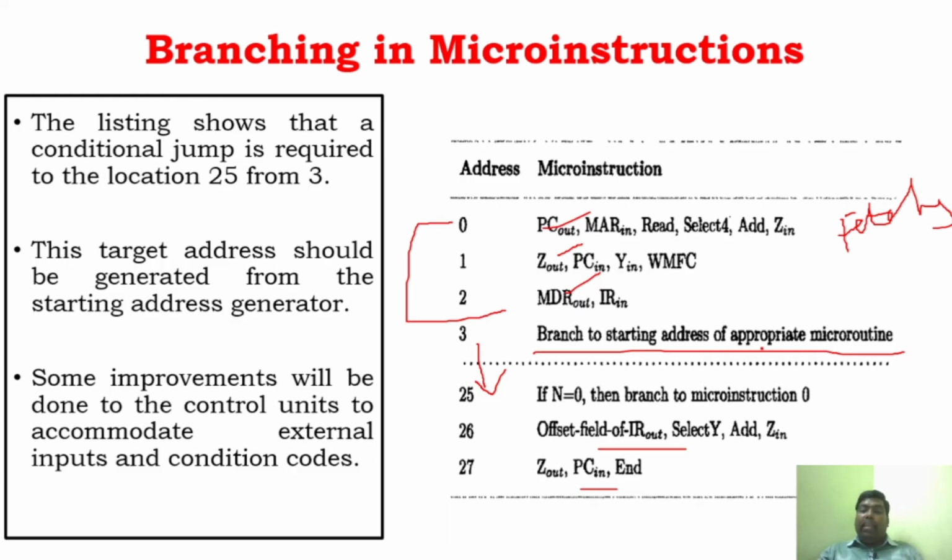Once again, while executing 25, it has to check the conditional branching. What is conditional branching? You can see here, if n is equal to 0, it will check this while executing that instruction.